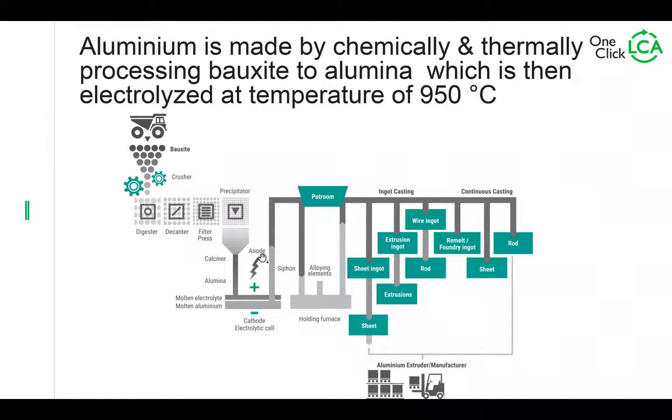Of course, the anode is, in most processes, consumable, so there are process emissions coming from anode consumption, when the carbon-based anode is wearing as part of the process. Furthermore, there are F-gas emissions from the process. So there are again process emissions, but the predominant source of emissions is still the energy demand for aluminum processing.